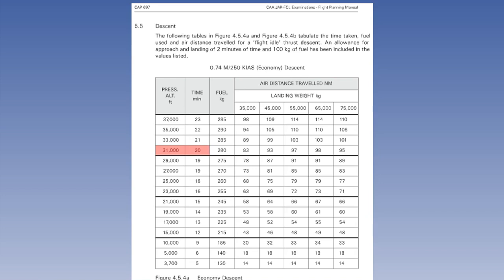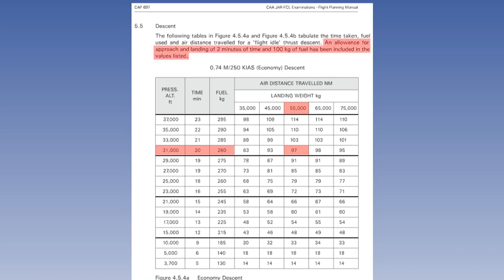Along that row, read a time of 20 minutes, 280 kilograms of fuel, and under the landing weight of 55,000, read the air distance travelled of 97 nautical miles.